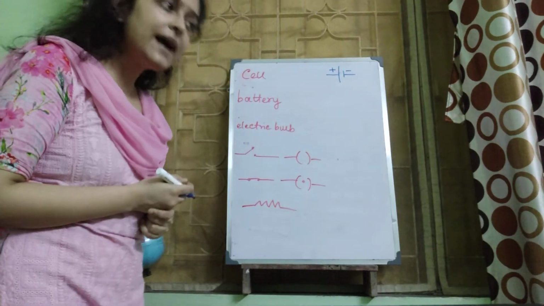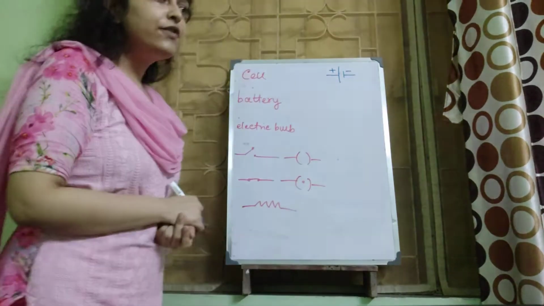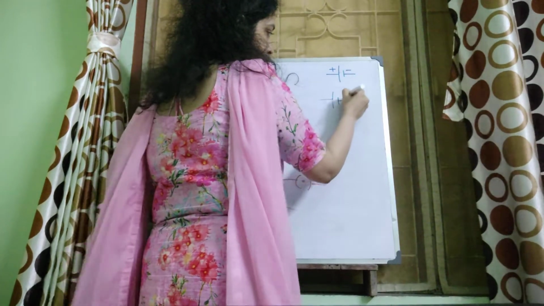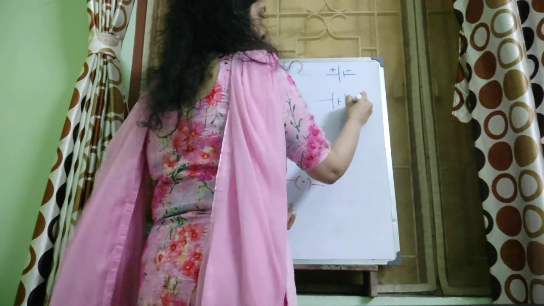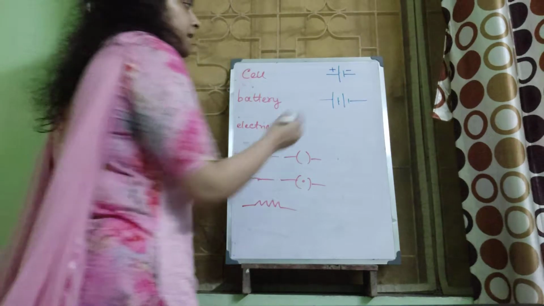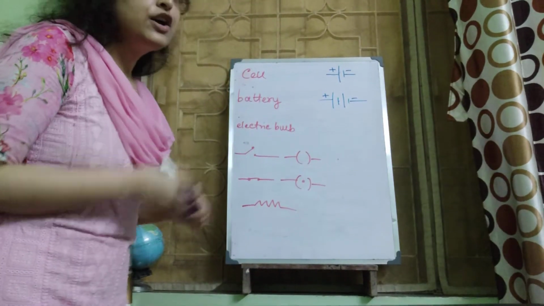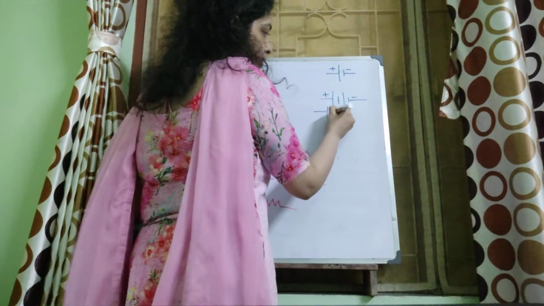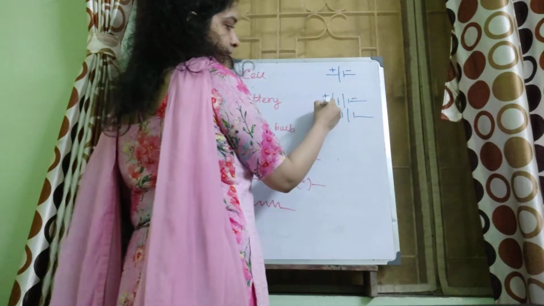Battery. What is battery? Combination of cells. So, if I have three cells, a battery consisting of three cells, then how will I draw? 1, 2, 3.